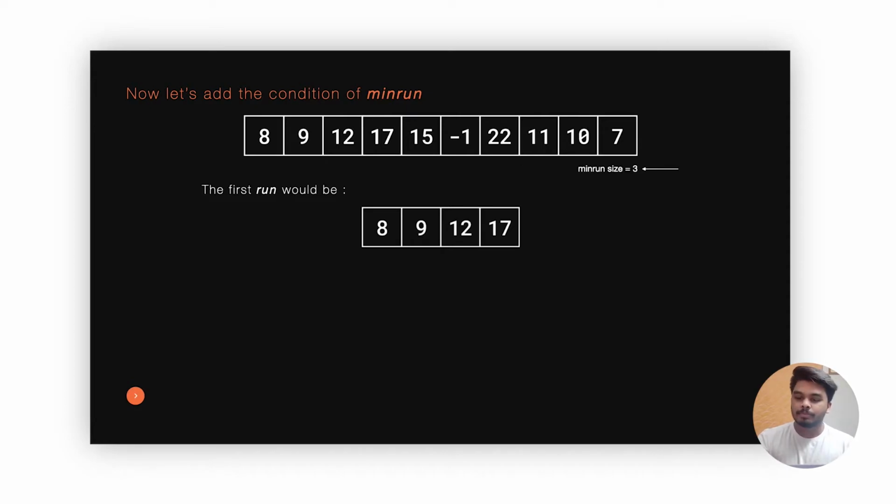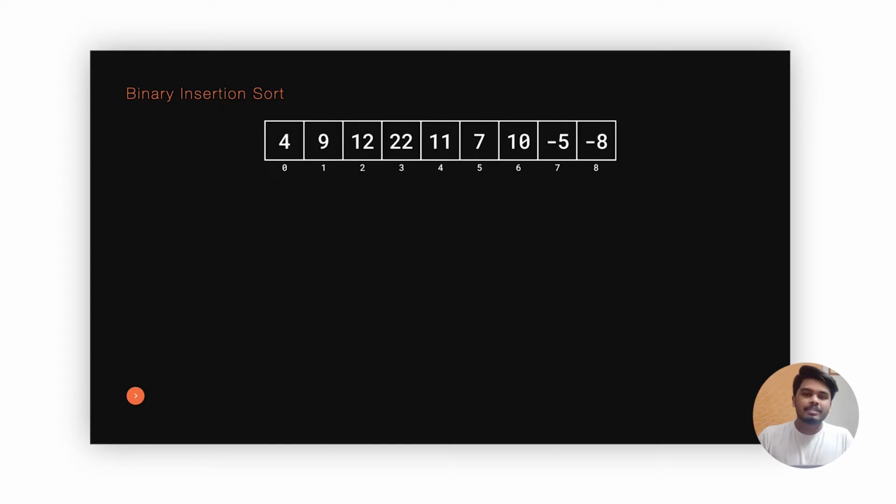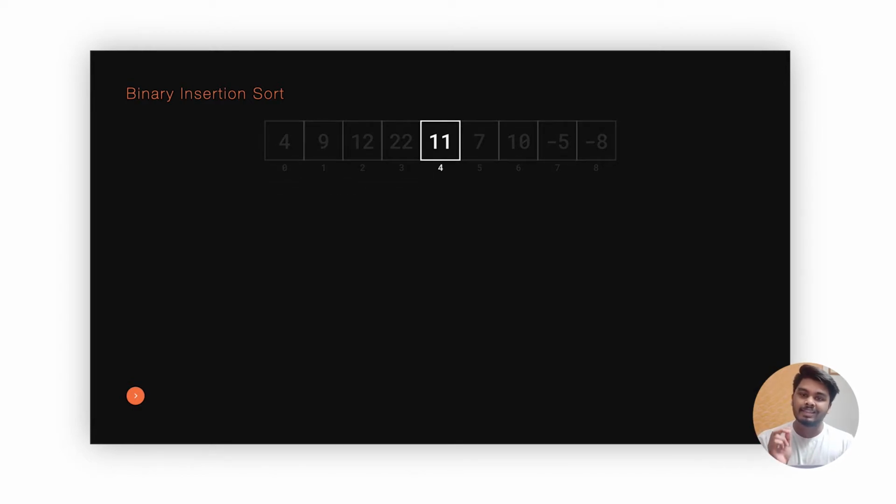Now, I talked about binary insertion sort and said that we'll come back to it later. Why don't we take a look at how binary insertion sort works? Now, binary insertion sort is similar to insertion sort, but here we use binary search to find the correct position of the unsorted element. Let's take an example. Here we find that the elements from index 0 to 3 are already sorted. Element 11 at index 4 is unsorted. In order to put it at its correct position, it has to move to the left into the sorted section of the list.